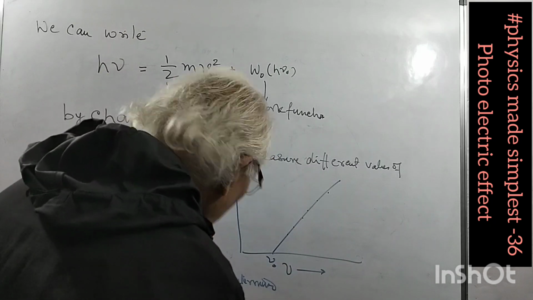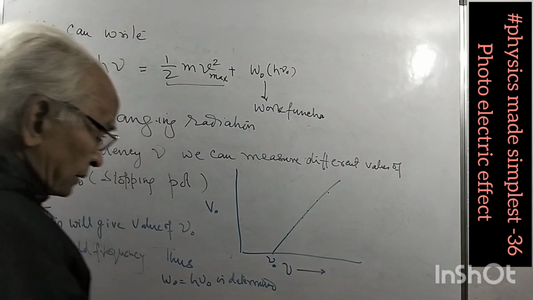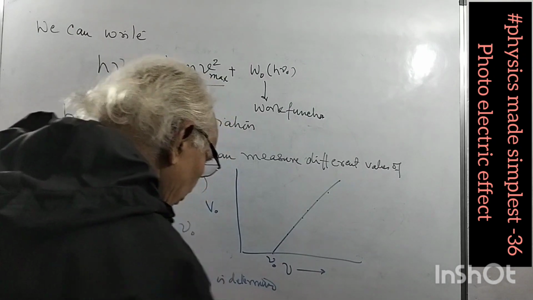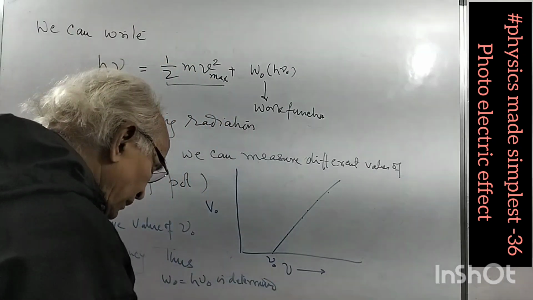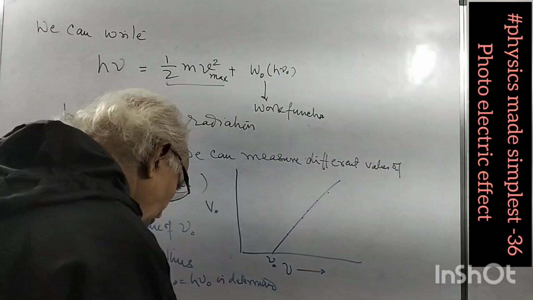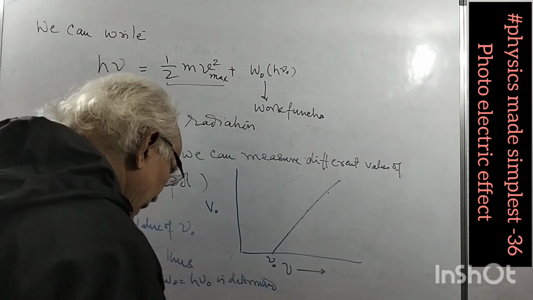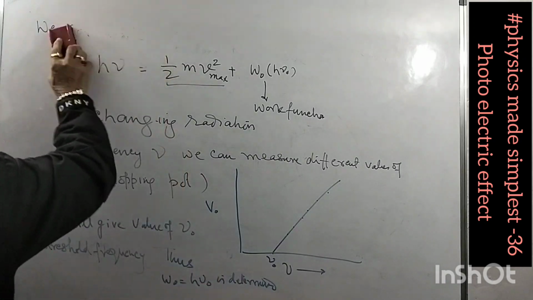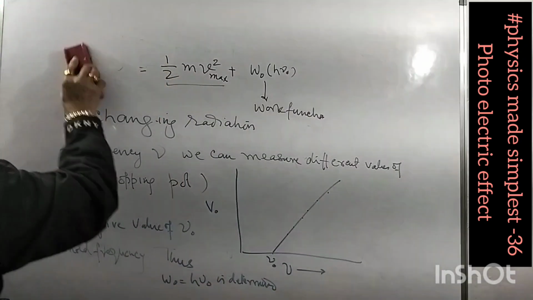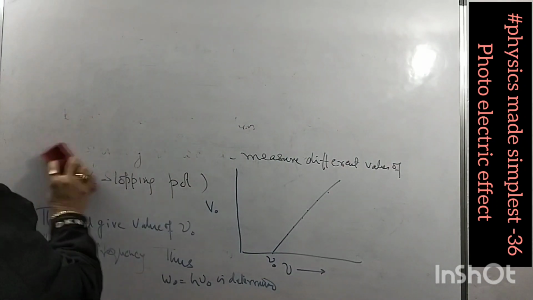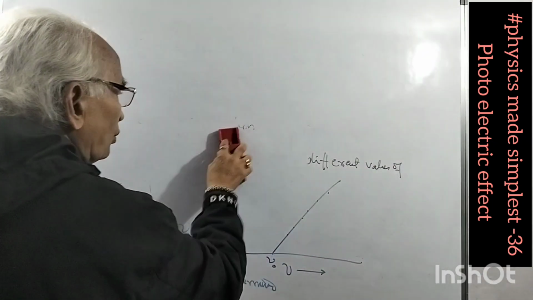So this is the photoelectric effect, which is very important, and you can also do more experiments like changing the metal plate, so you have different plates and will get different nu naught.